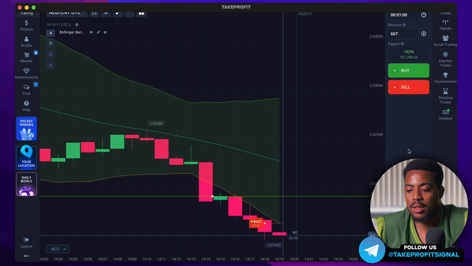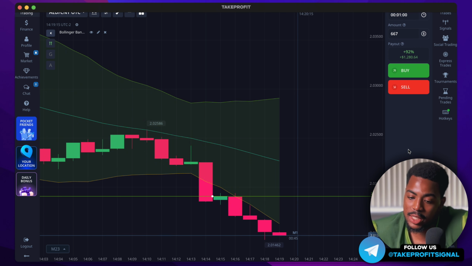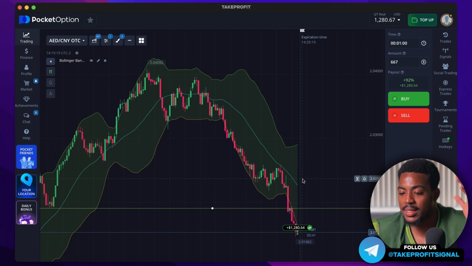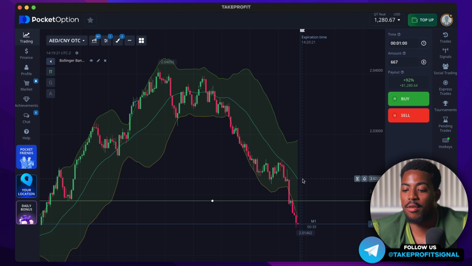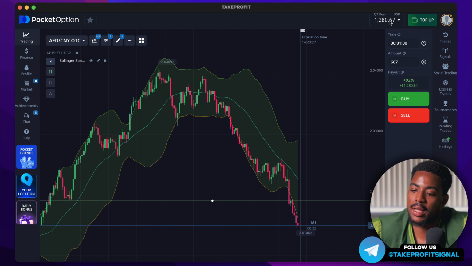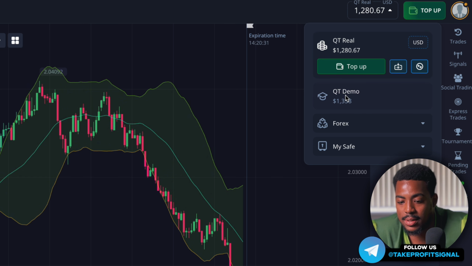Well, guys, the trade will close in 5 seconds, and to be honest, it was much easier than I imagined. I managed to make a series of profitable trades very quickly, all of them in the bank. Of course, this is the maximum risk you can take, but look, I have $1,280 on my balance.